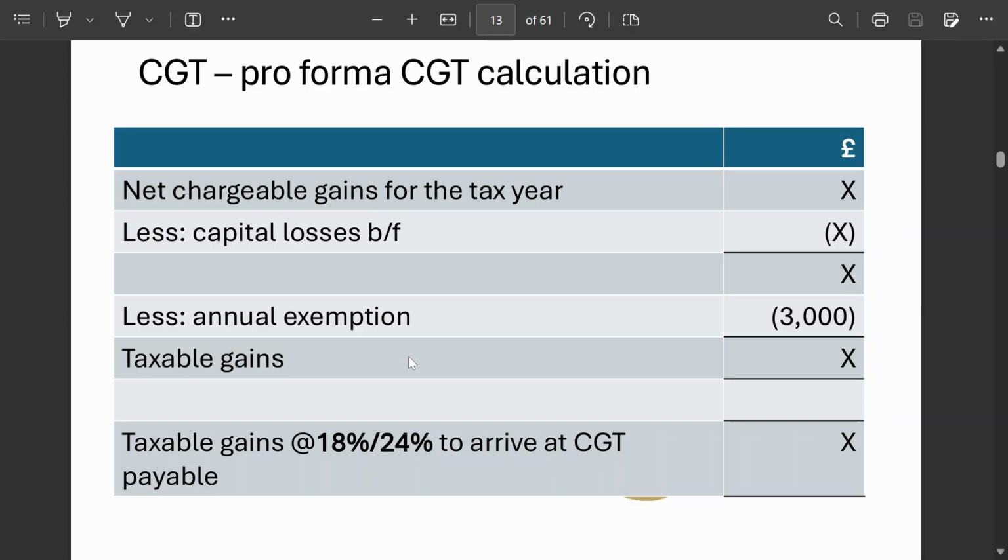Add up all those three, you get the allowable expenditure. You deduct that from the net disposal proceeds, and then you get the chargeable gain or loss for that asset. So those are for the individual asset boxes.